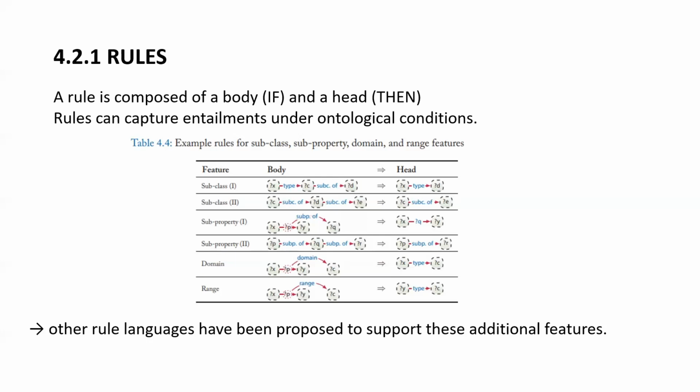These rules are incomplete because they cannot fully capture negation, existentials, universals, and counting. However, other rule languages have been proposed to support additional features such as existentials and disjunctions.